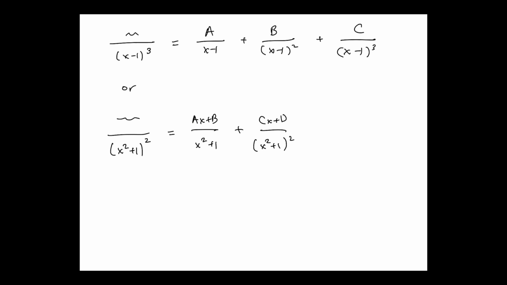But it would never be a cubic, because a cubic can factor into a linear times, at worst, an irreducible quadratic. That's the whole point of the fundamental theorem of algebra. So your numerators are only ever going to be constants or linears, never anything worse.